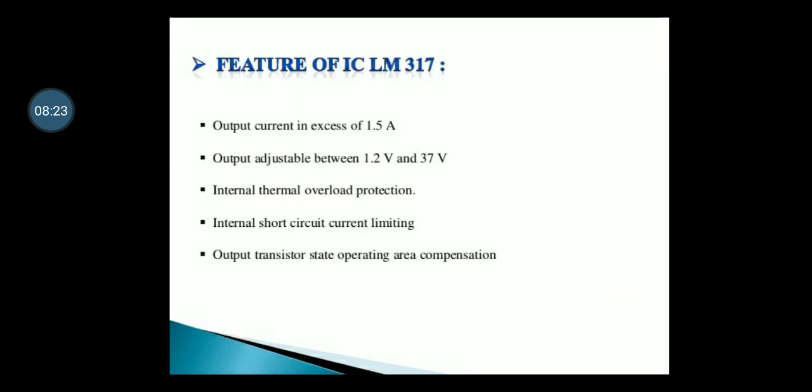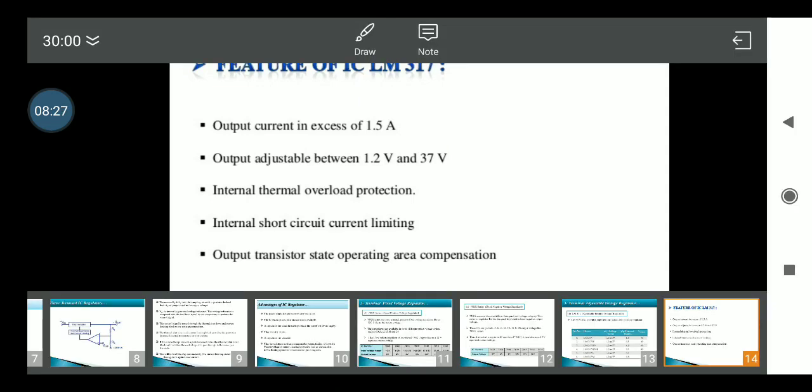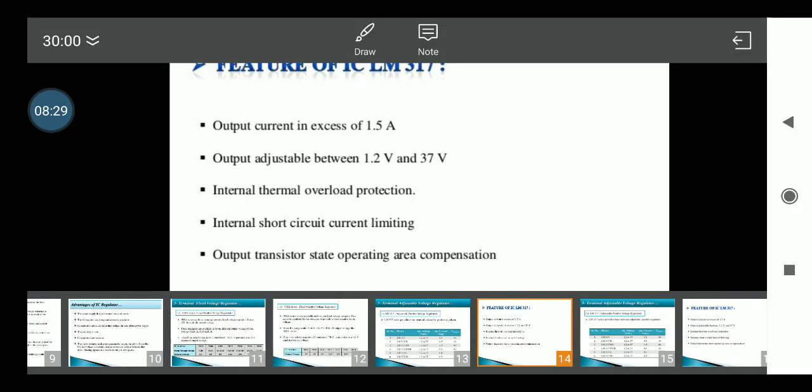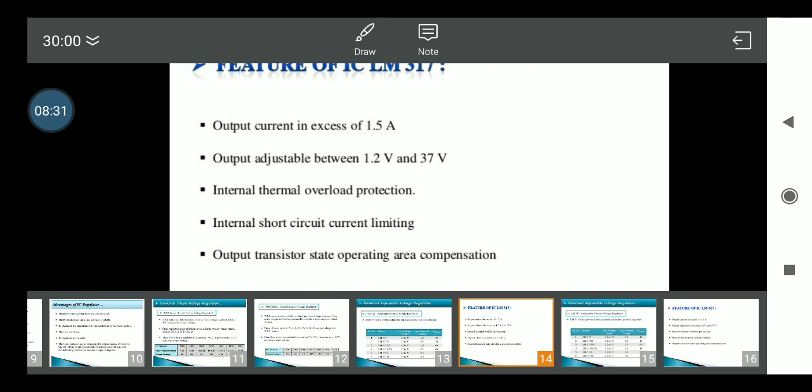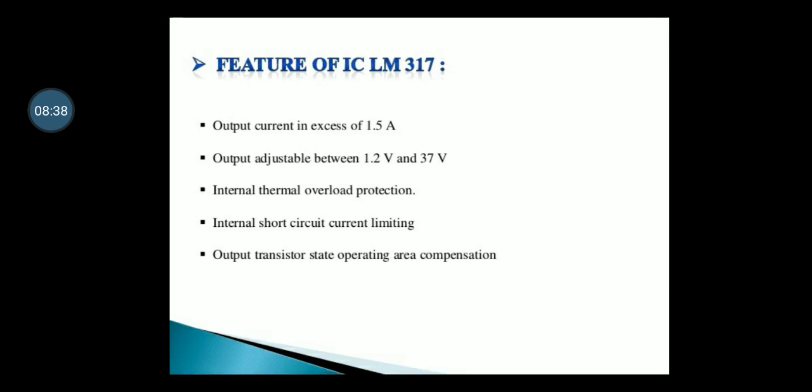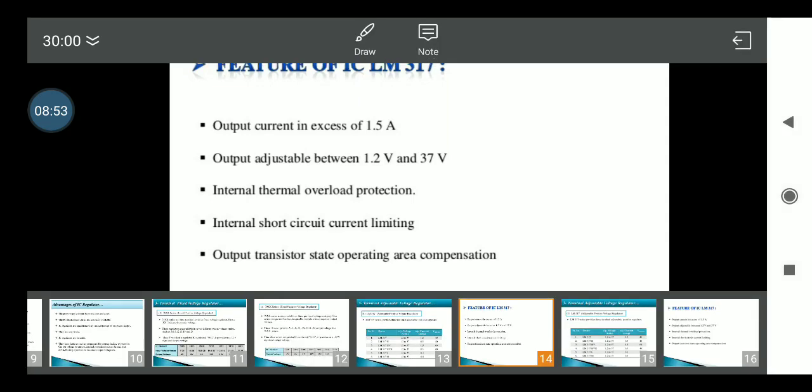Features of IC LM317: output current in excess of 1.5 amps, output adjustable between 1.2 volt and 37 volt, internal thermal overload protection, internal short circuit current limiting, and output transistor safe operating area compensation.